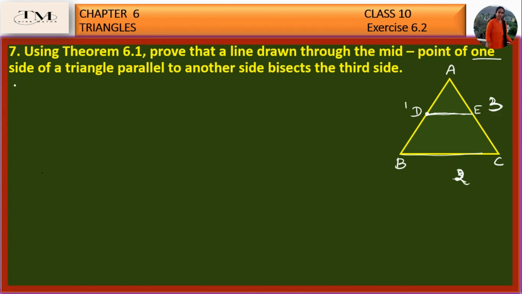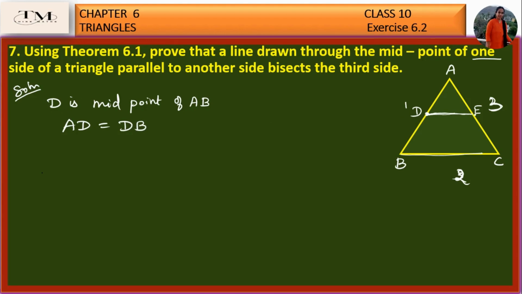Okay, so now what is given? It is given that D is the midpoint of AB. Midpoint of one side, we took it as AB. So D is the midpoint of AB. Then we have AD is equal to DB.